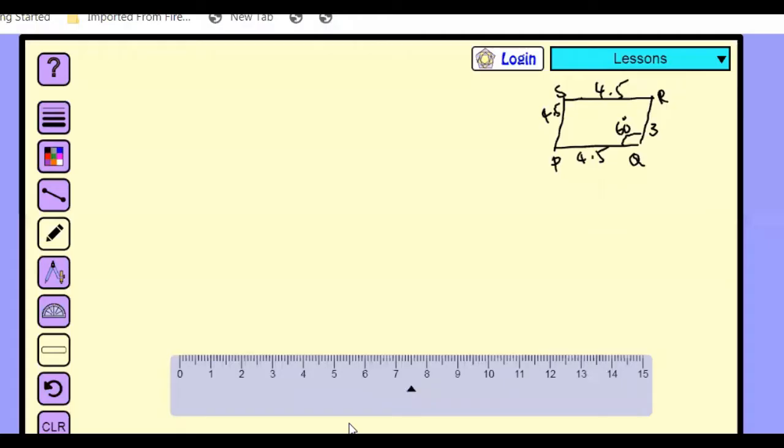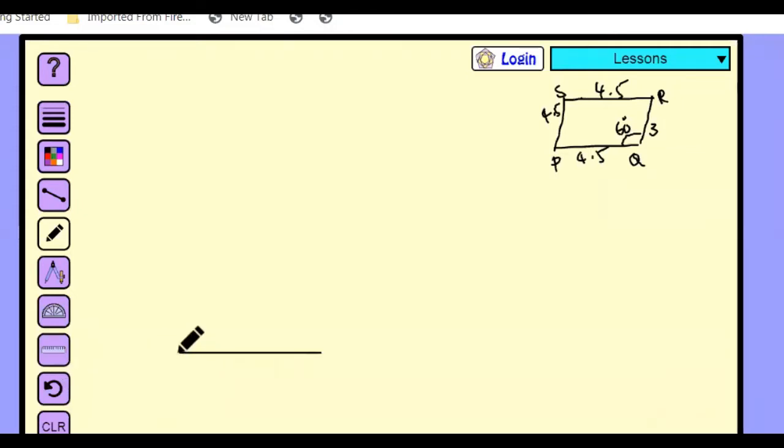Now draw a line segment PQ of length 4.5 centimeters with the help of a ruler. You can mark the points P and Q and label it 4.5 centimeters. Now construct angle 60 degrees.